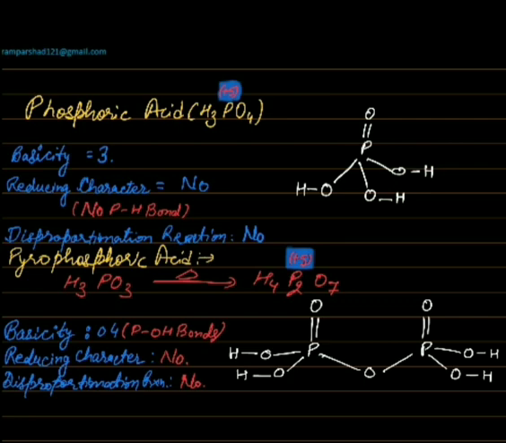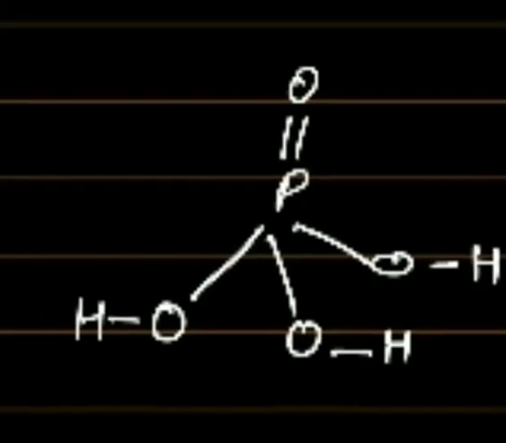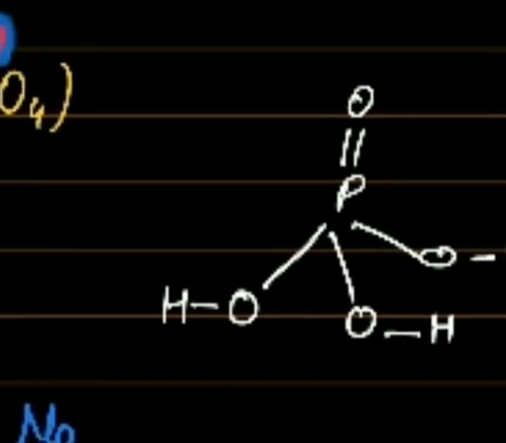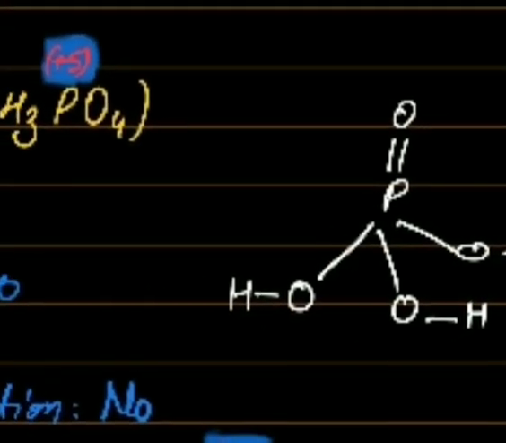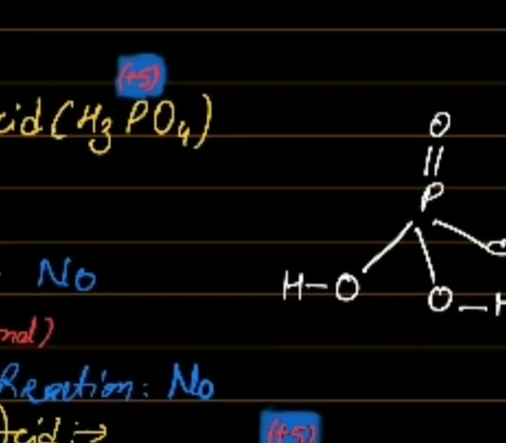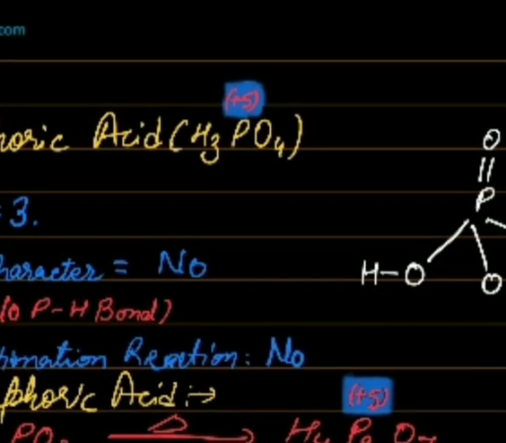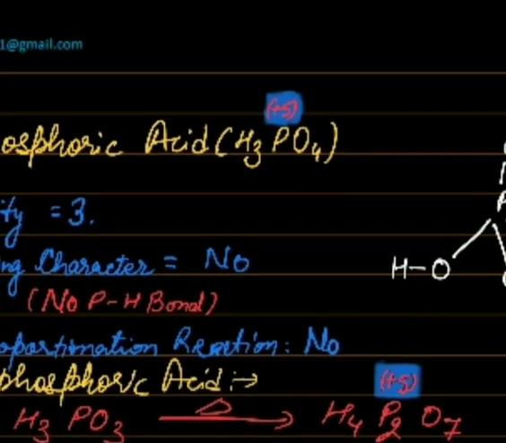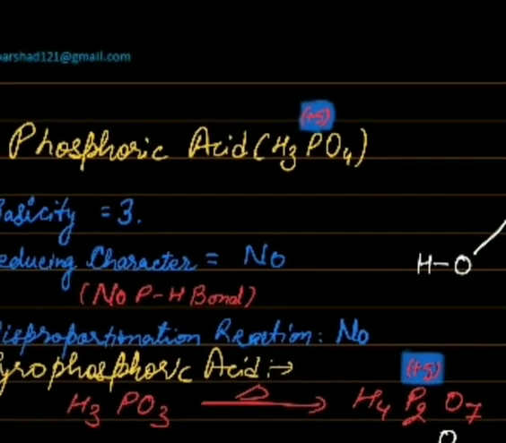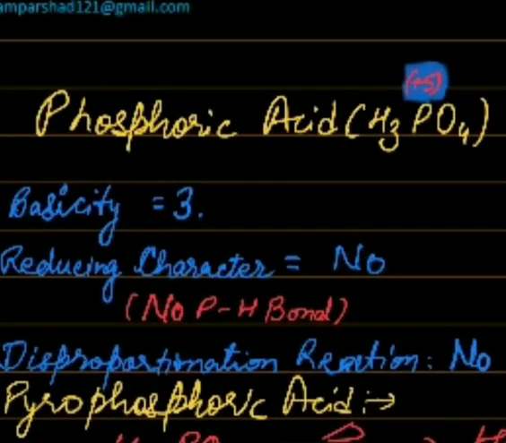So after this, let us discuss the structure of phosphoric acid. We can see here there are 3 OH bonds directly linked to the phosphorus atom. So in this way there are 3 ionizable hydrogens, and the basicity of this phosphoric acid is 3. When we compare its reducing character, we can find here that there is no hydrogen directly linked to the phosphorus.